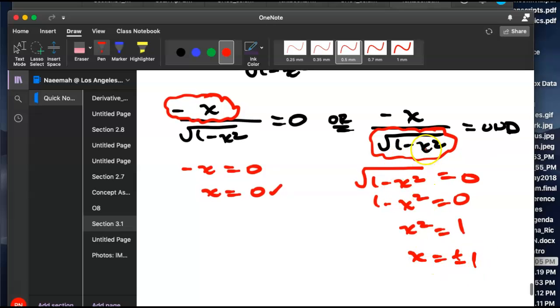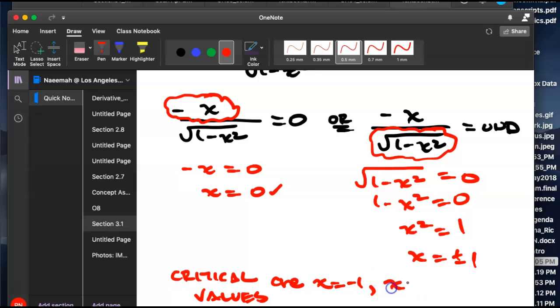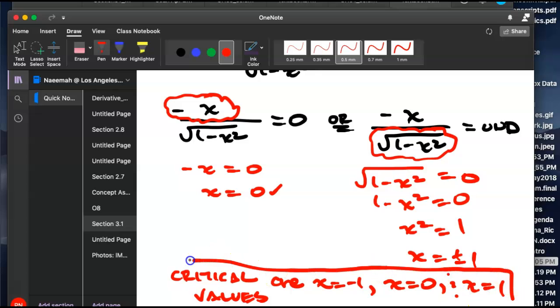Or you could have just seen that plus or minus 1 would yield 0 in the denominator, and you cannot have that. So in this particular case, our critical values are x equals negative 1, x equals 0, and x equals positive 1.